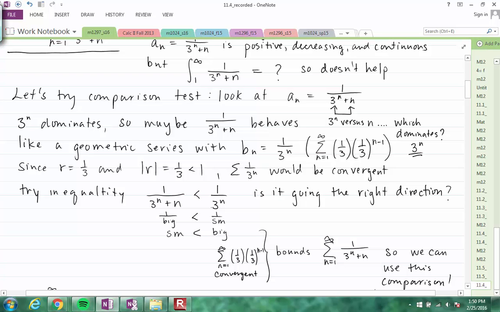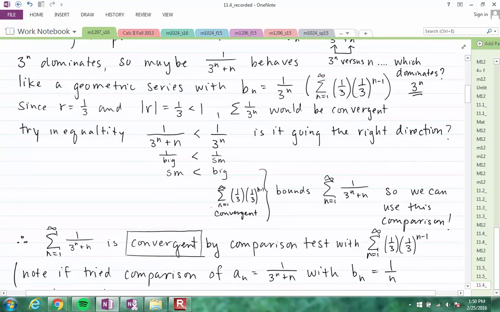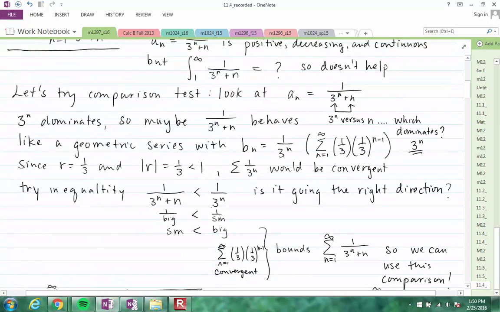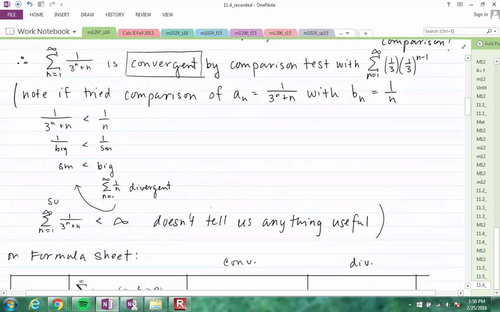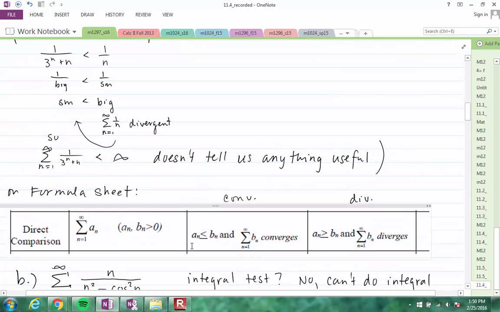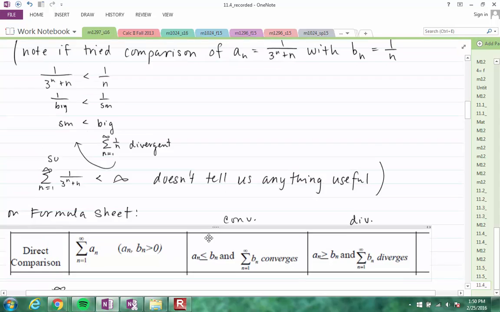And then you have to see if this inequality is going to help us. So you have the formula sheet at your disposal, which I have later in the notes here. It's right down here, just to skip ahead. So this would tell you in the convergent column that if your b sub n, its sum converges, then you need to have the inequality going in this direction, which we have.